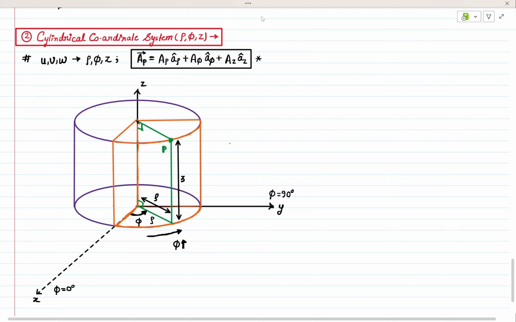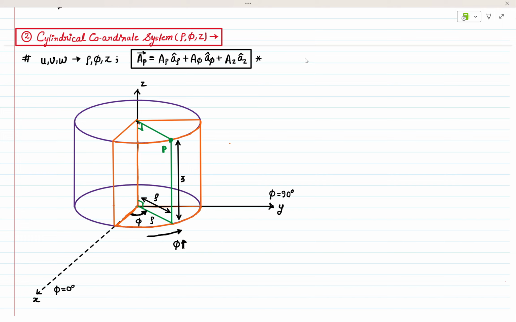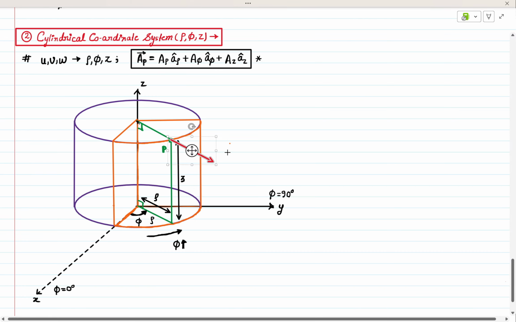It must have some direction also because it is a positional vector. So let me show you the directions also. Definitely the directions will be along the direction of rho, phi and z only. The first direction is like this, the second one is like this, the third one is like this.